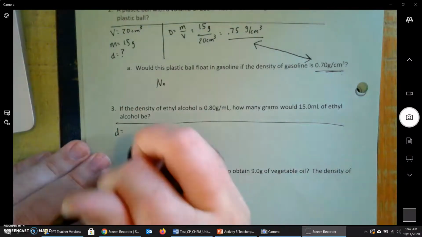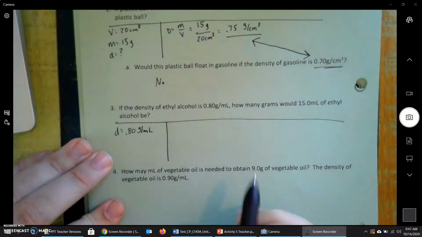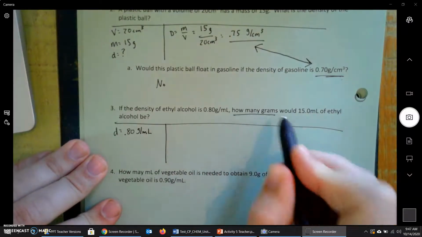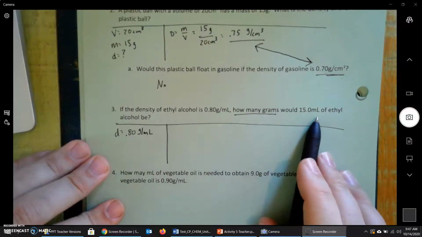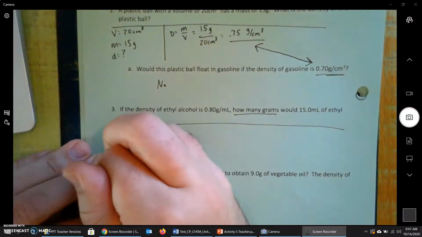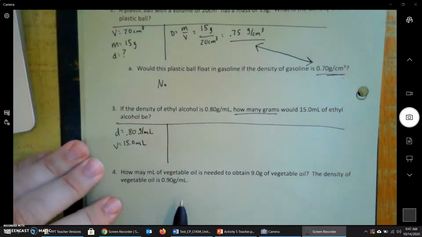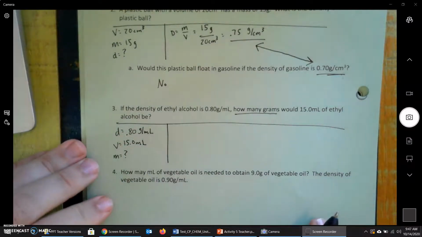Density equals 0.80 grams per milliliter. We're trying to find how many grams, and grams tells us mass. Now 15.0 milliliters, milliliter is a unit of volume, so 15.0 milliliters would fit for volume, and remember we're trying to find the mass.